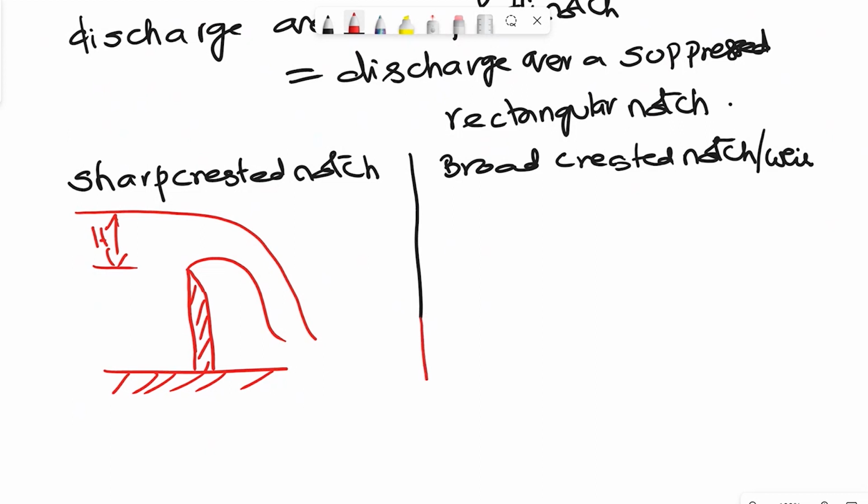Whereas in the case of a broad crested notch, if you take it, this will be like this.